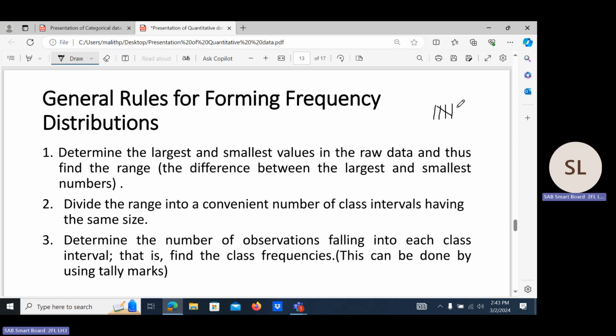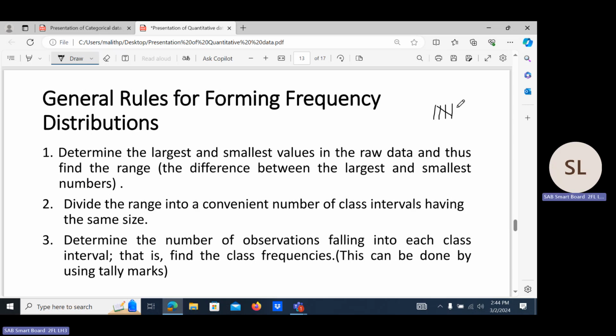We search in the raw data set. First identify the highest one and the lowest one. Using these two values, we calculate the range. Then we identify how many class intervals we need. Then range divided by number of class intervals, we know as size of the class.